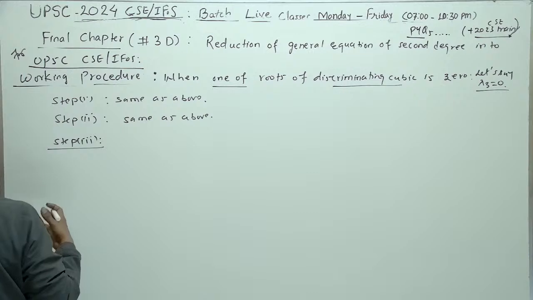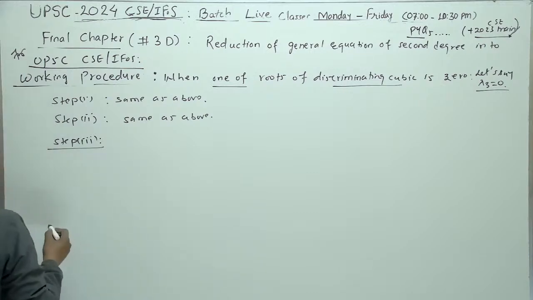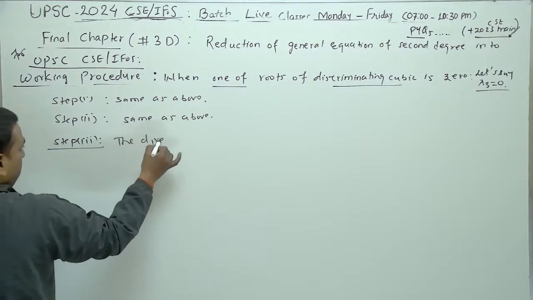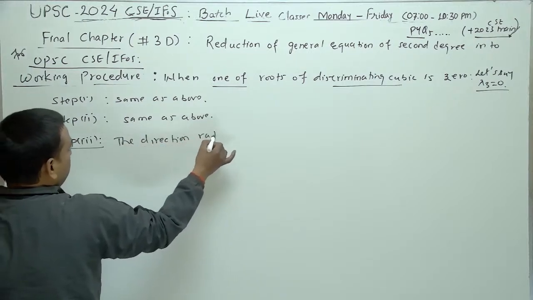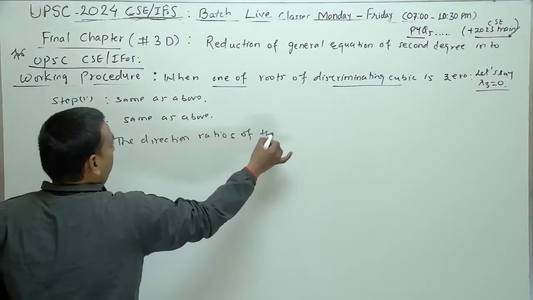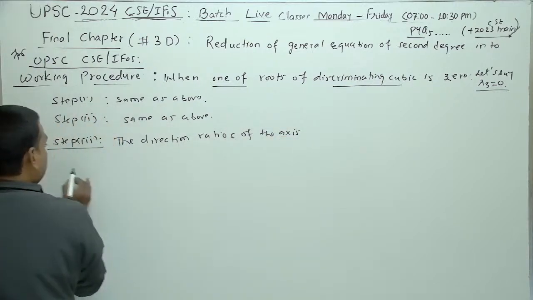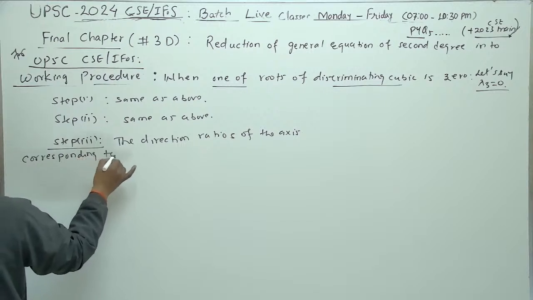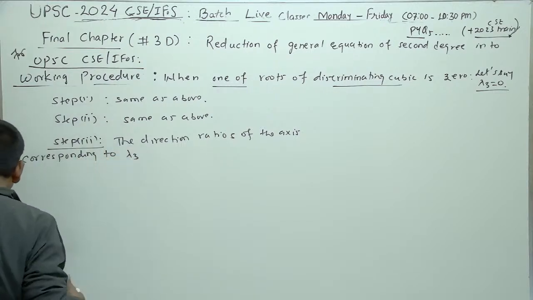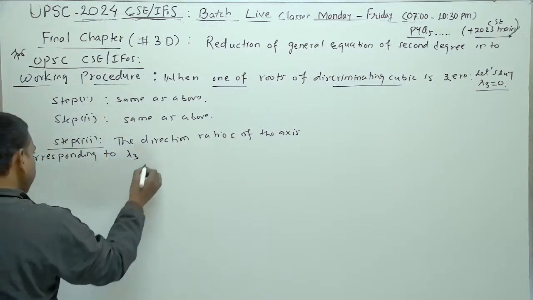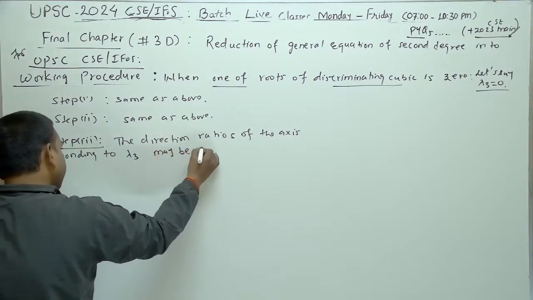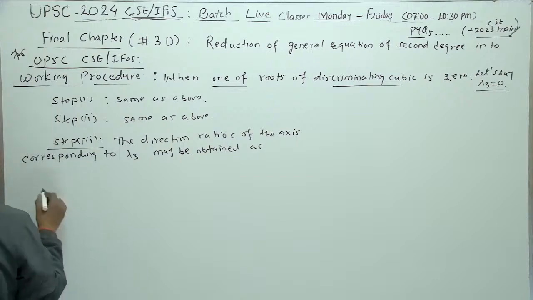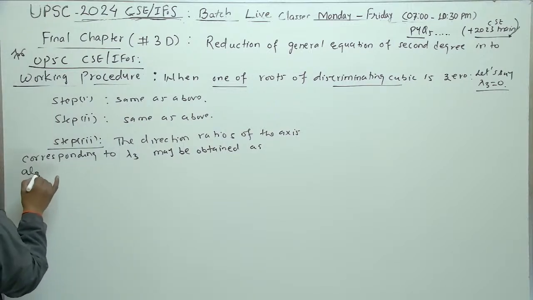यहां पे थोड़ा सा, क्योंकि हमने एक्सेस चेंज किया है, सो द डायरेक्शन रेशियोज ऑफ द एक्सेस, कीप राइटिंग विद मी. The direction ratios of the axis corresponding to lambda 3 may be obtained as AL3.